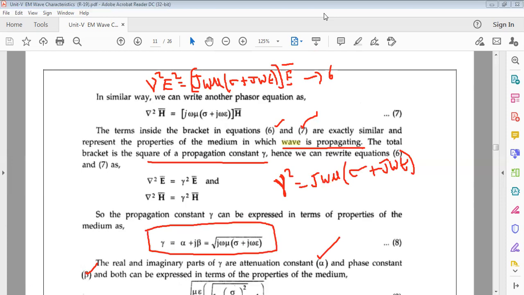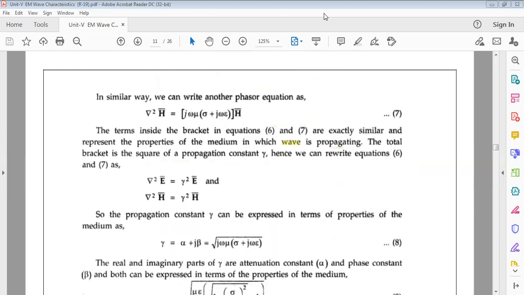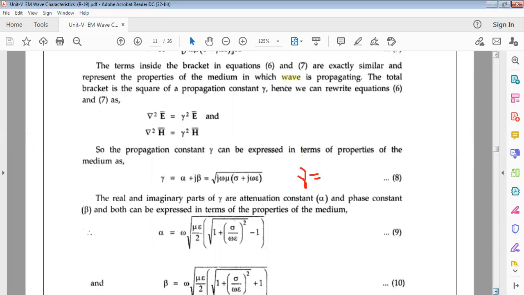Remember, it is a very, very important equation, the wave equation in phasor form, that is gamma is equal to under root of j omega mu into sigma plus j omega epsilon. So in this, alpha is equal to this equation, and beta is equal to this equation.